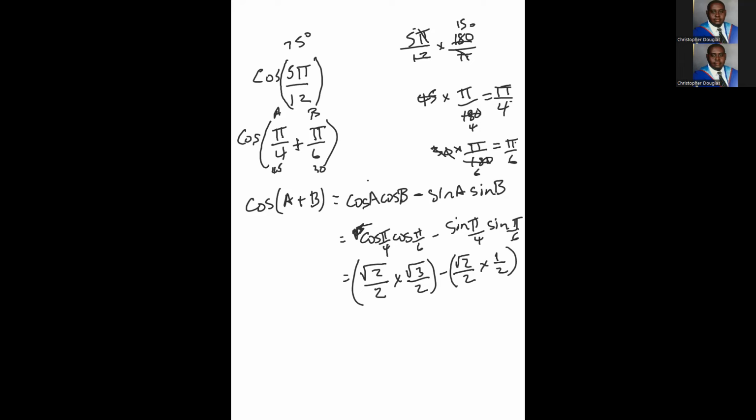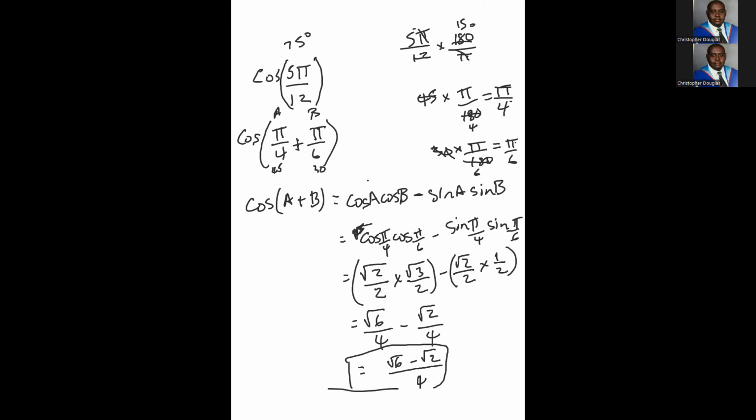I can easily multiply across because the surds are in the numerator. Multiplying the surds, I'll have root 6 over 4 minus root 2 times 1, that's root 2 over 4. Both have common denominators, so I can write it as a single fraction: root 6 minus root 2 over 4. And that is my final answer there.